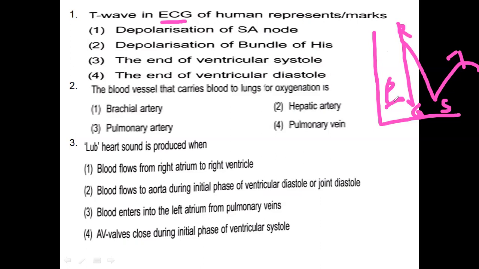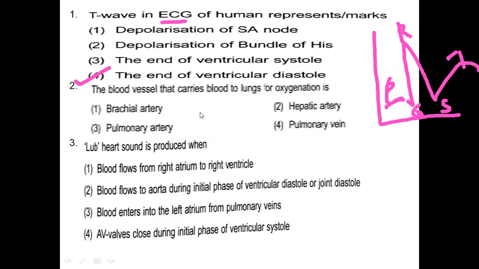QRS: depolarization of ventricles. T represents the repolarization of ventricle, that's also called ventricular diastole.